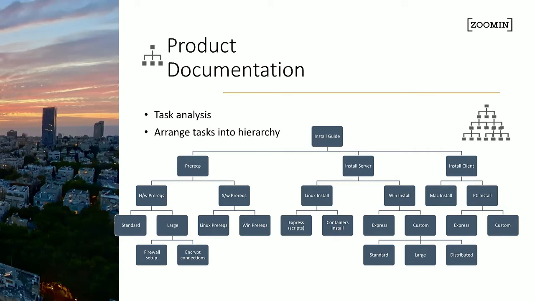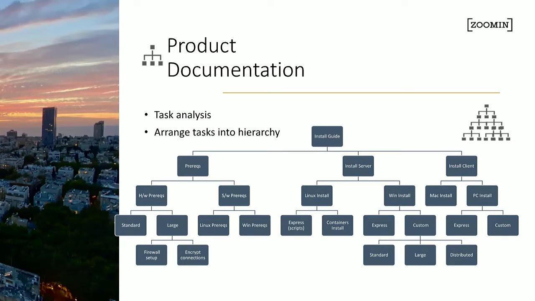So here, for example, is an installation guide, which might be split into the prerequisites and the software and the hardware and the client installation. And when you're looking at the prerequisites for the hardware, then you're looking at large and small size and so on.